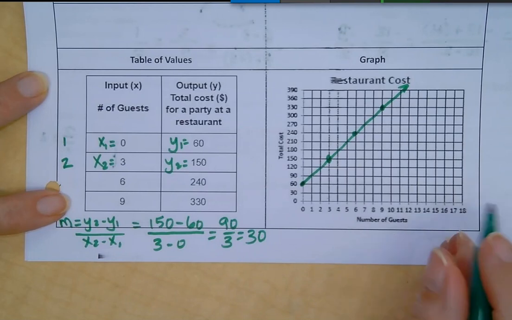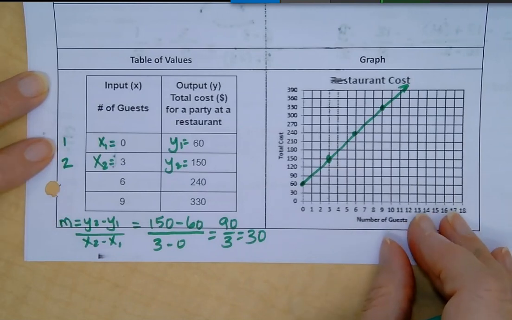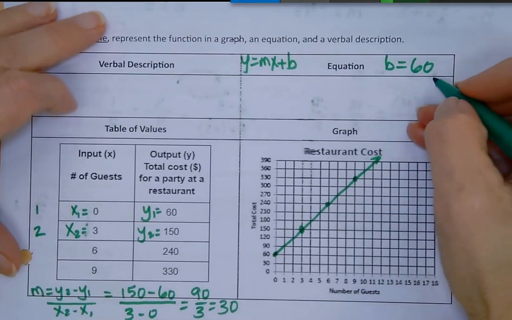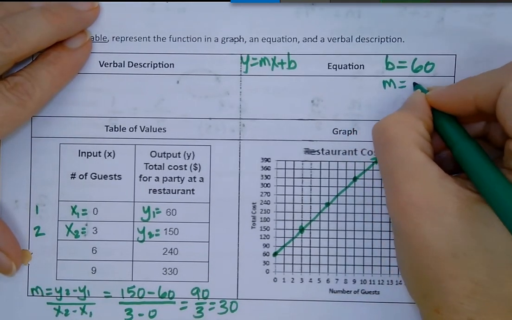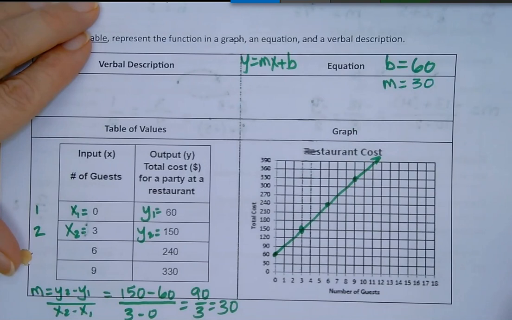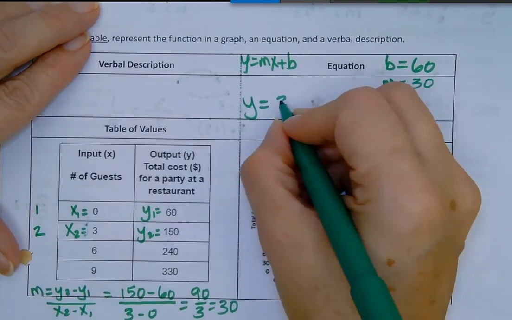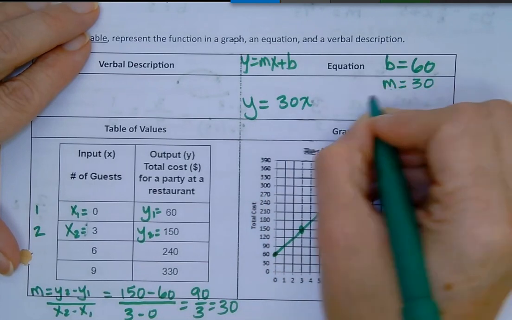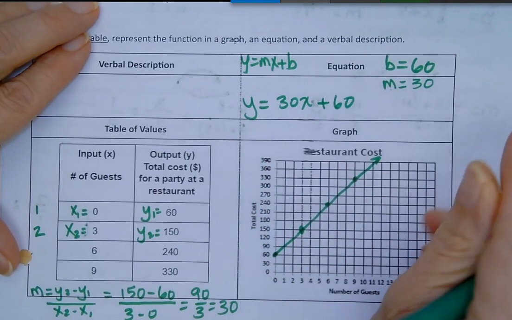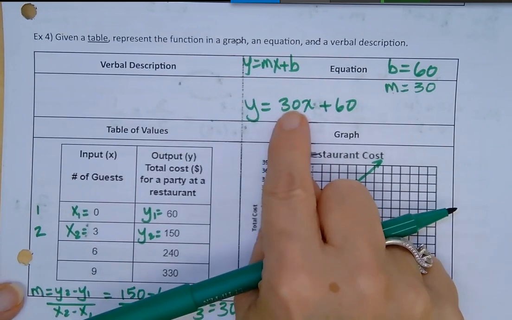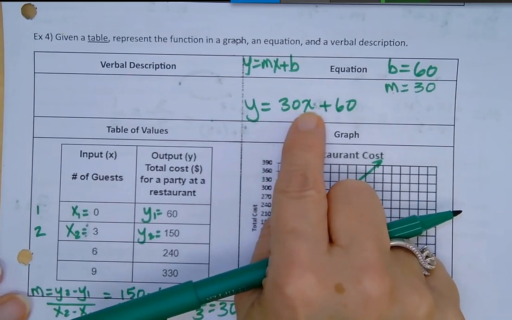This is also my rate of change. So I know my b value is 60, and I know my m is 30. So my equation is going to be y equals 30x plus 60. It's a flat rate of $60 for this restaurant, and then it's $30 times x.